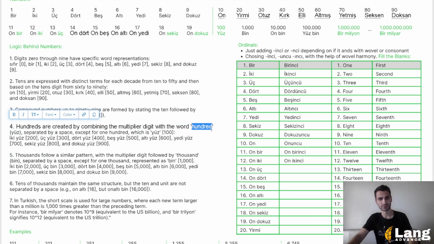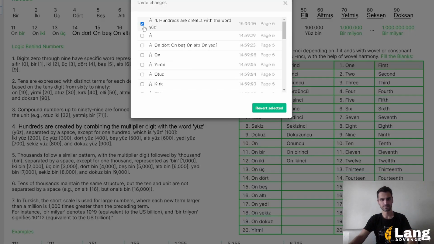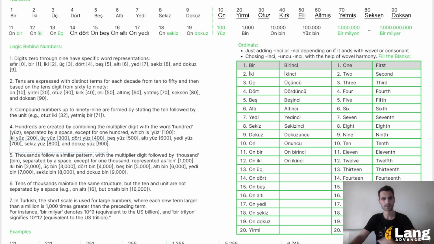Yes, of course. But what is 100? Separated by a space, except for 100, which is yüz. 200, 300, 400, 500, 600, 700, 800, and 900. There is not something like 19.